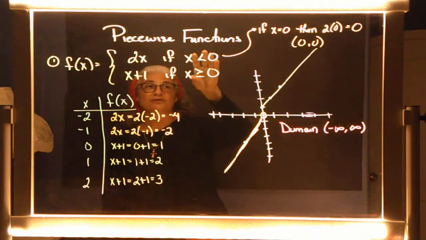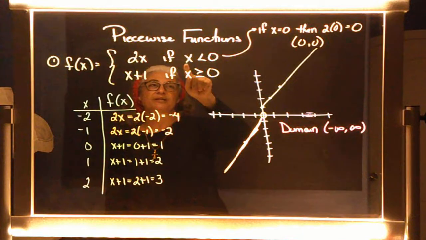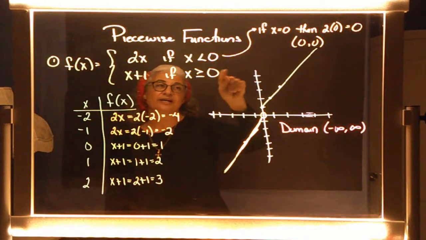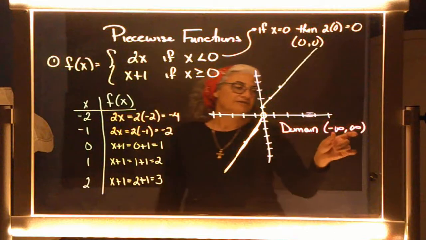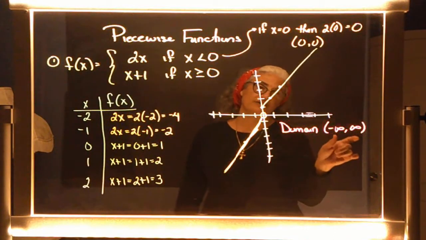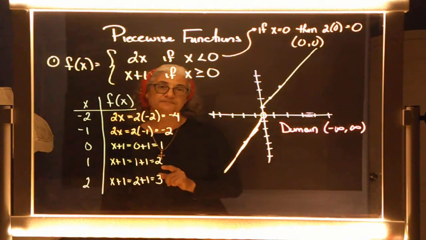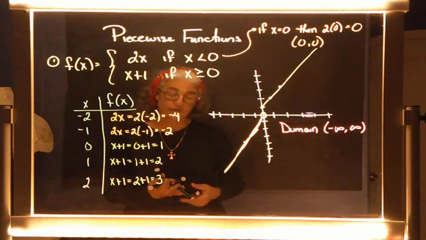So the restriction already told me, use all the x's less than 0 for the first piece. The second piece will actually use the 0 for x and all the way to infinity. So these restrictions verify the domain that the graph told me. Good? Okay, let's look at the range.